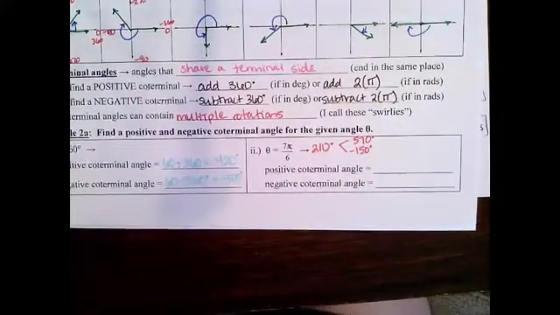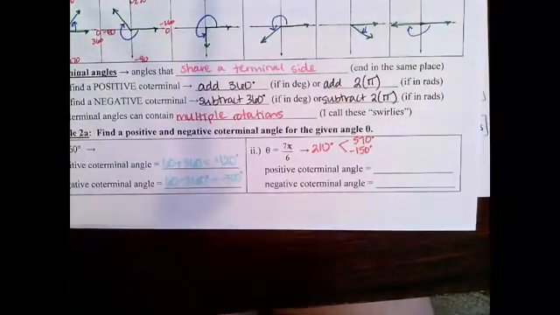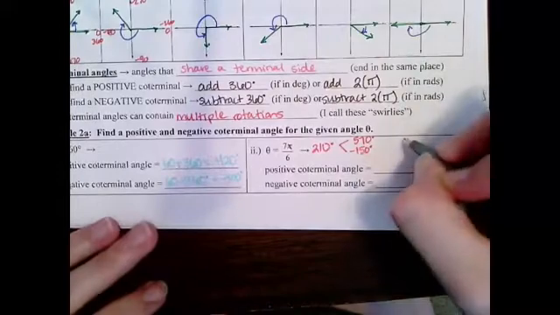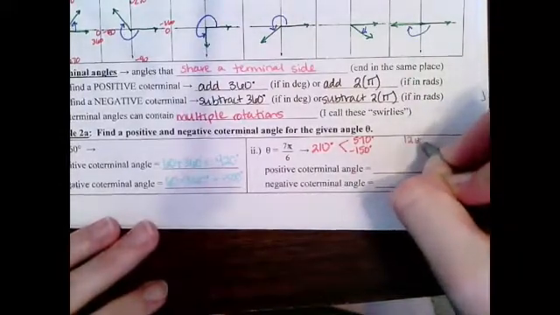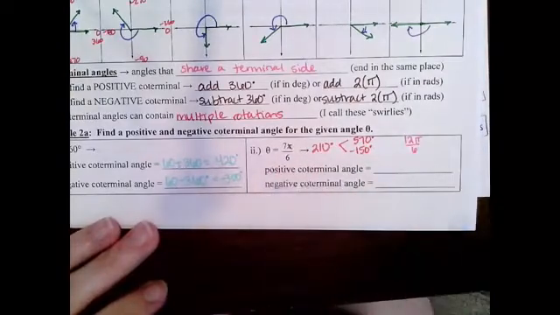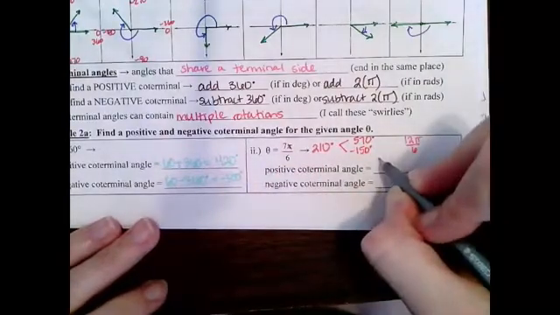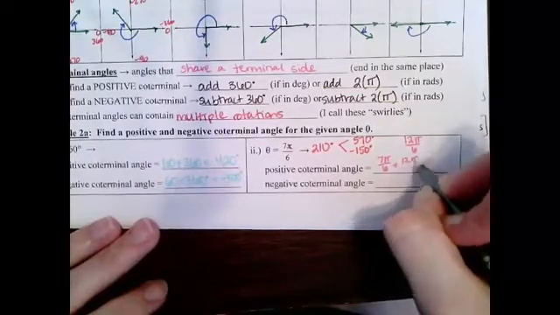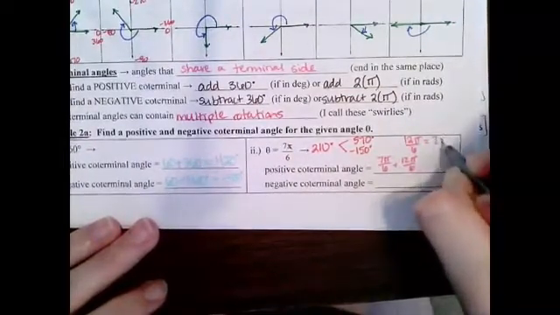But just to show you guys with radians. Now, if I want to add 2 pi to it, remember if I'm adding or subtracting fractions, I need to have the same denominator. So 2 pi would essentially be 12 pi over 6, since this is in sixths. So I would be doing 7 pi over 6 plus 12 pi over 6. This is equal to the 2 pi.